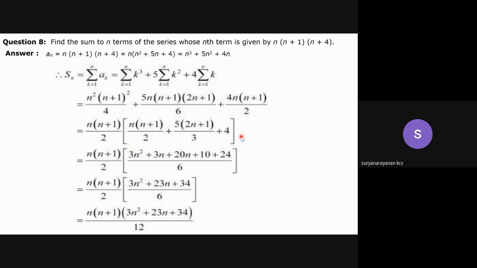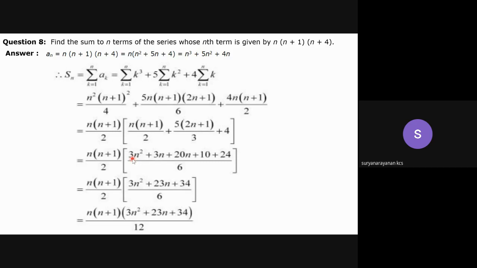In this square brackets, we simplify these three terms and we make it as a single term, right? That is equal to n into n plus 1 by 2 into, if you take the LCM of the denominators 2 comma 3, we get a 6. LCM of these two denominators is 6.